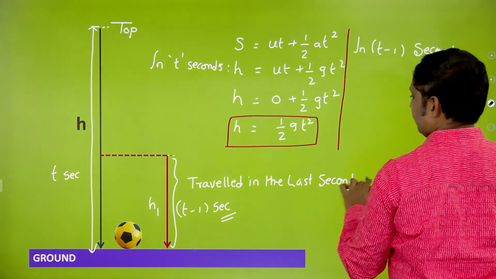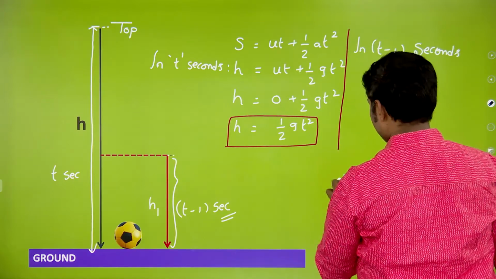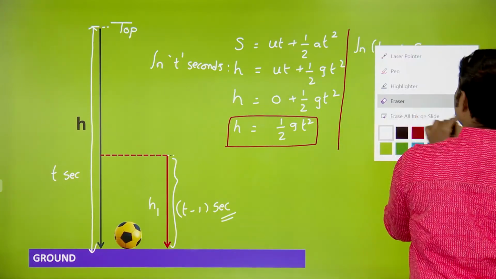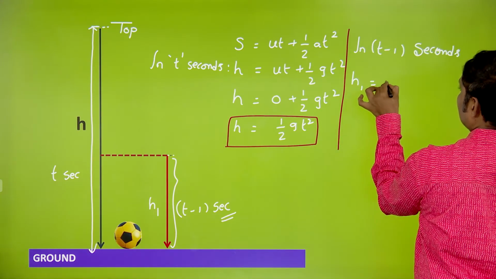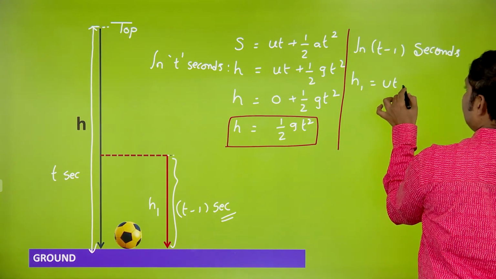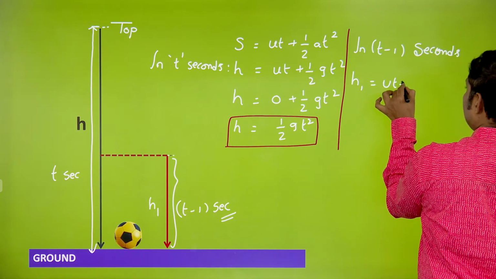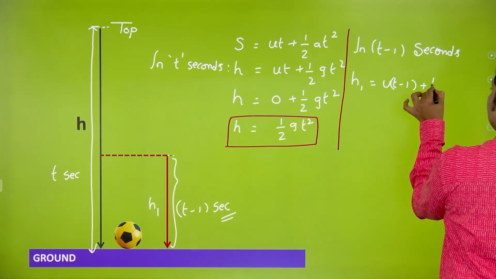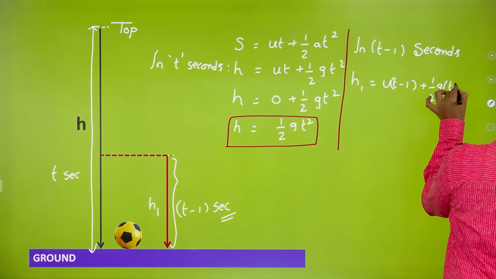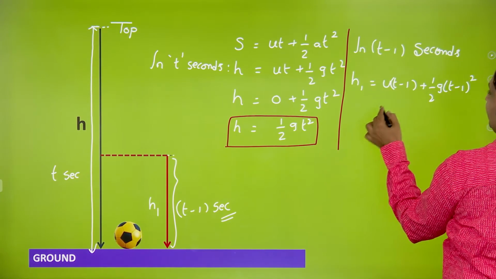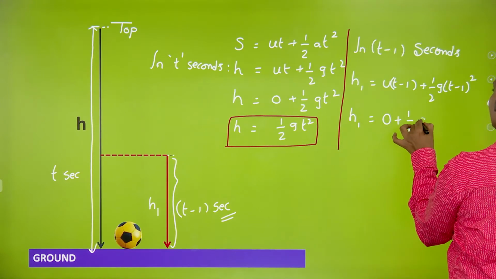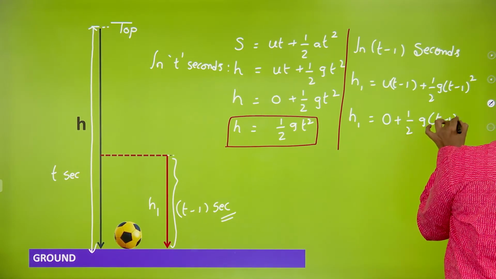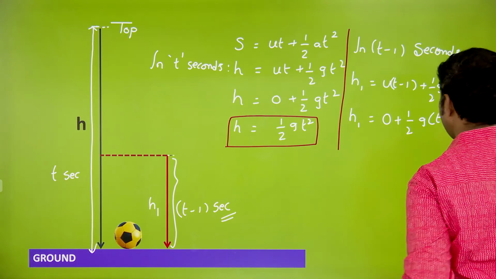Let's assume h1 is equal to u(t minus 1) plus 1 by 2 g into t minus 1 whole square. So h1 is equal to 0 plus 1 by 2 g t minus 1 whole square, right?